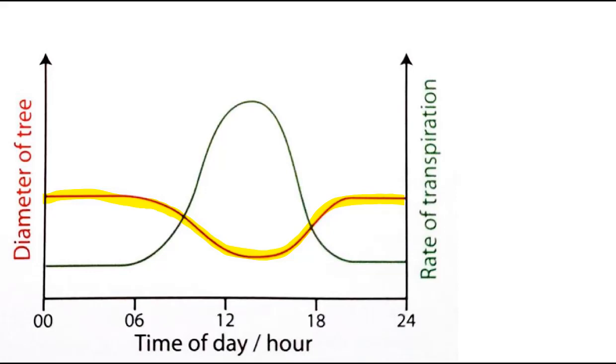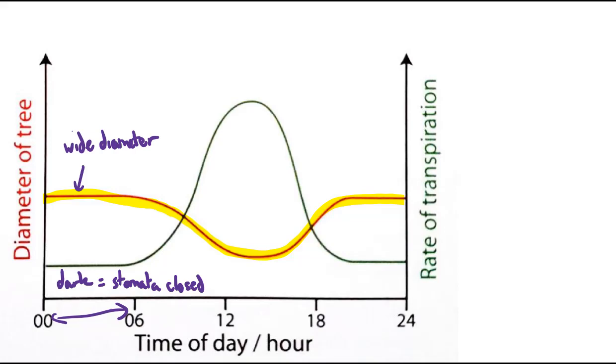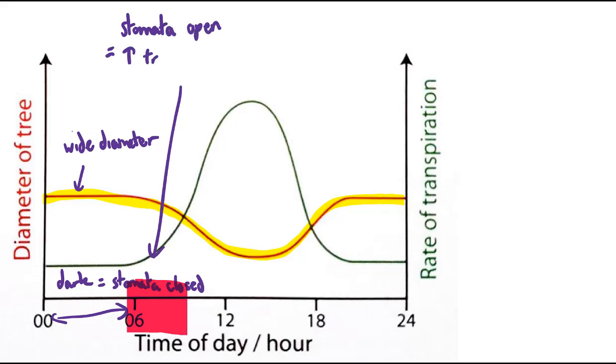So if you look at this part, this is where the rate of transpiration is quite low between here and here, probably because it's dark, so the stomata would be closed. So therefore, you have a wide diameter. But then here, around this time is where the sun comes up, so there's more light, so the plant starts photosynthesizing, so the stomata open, and that means there's more transpiration.